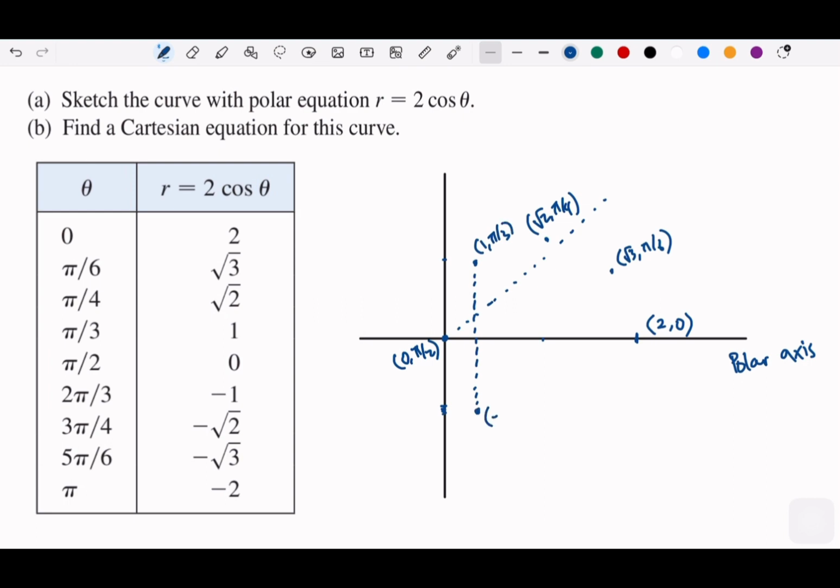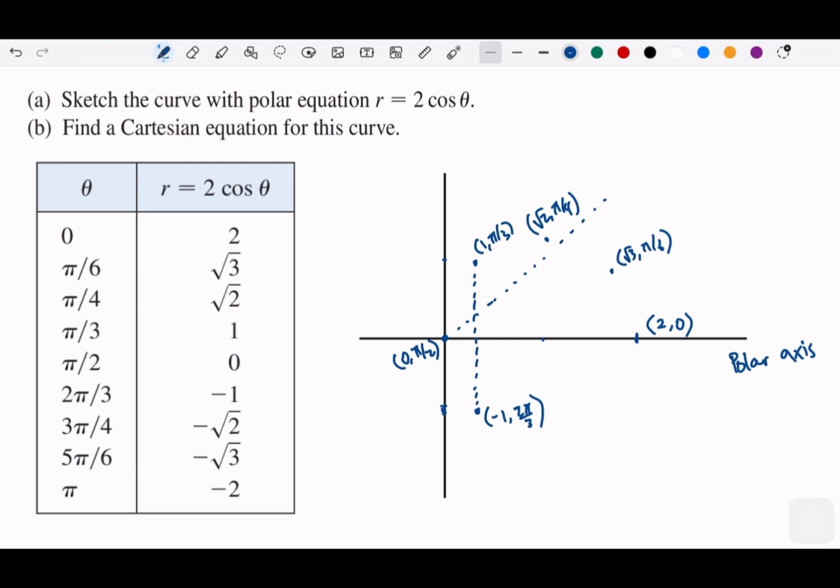So this will be -1, 2 pi over 3, and this fits perfectly with our previous statement that if we add pi to this or this, it will be the negative version of the radius. Okay, so that's why we write here.